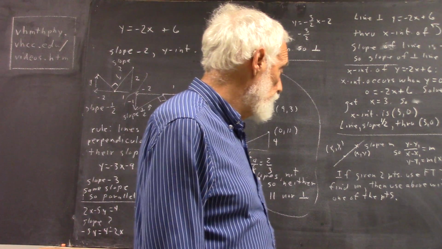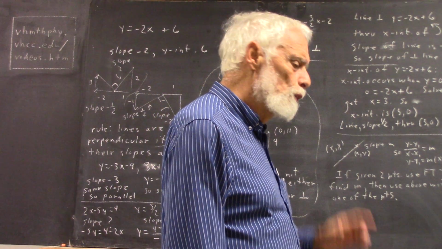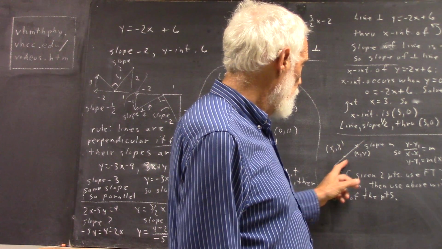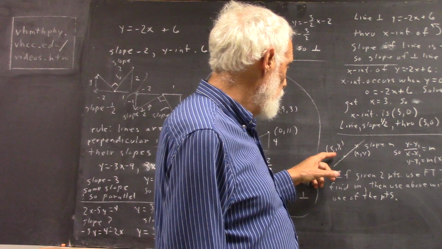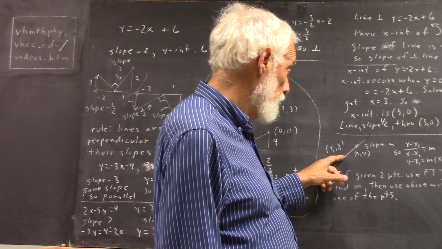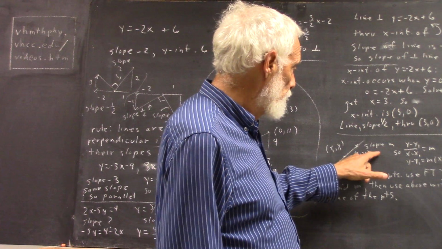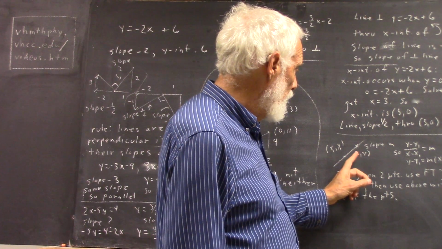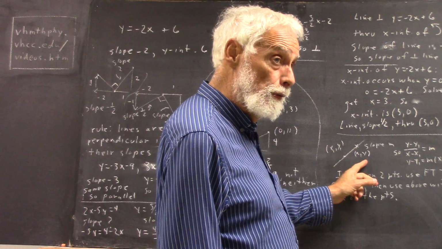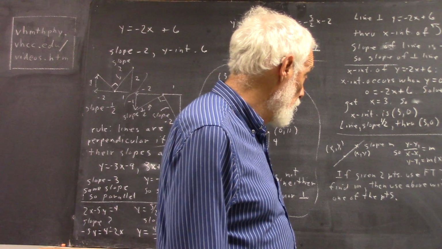On a test, I would recommend that you be able to draw this picture, which is a point (x1, y1), a line with a slope of m, and a point (x, y) with variable coordinates on the line.